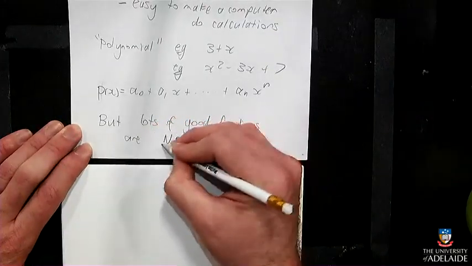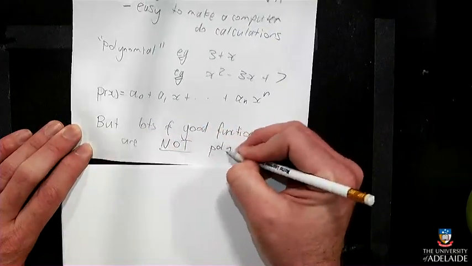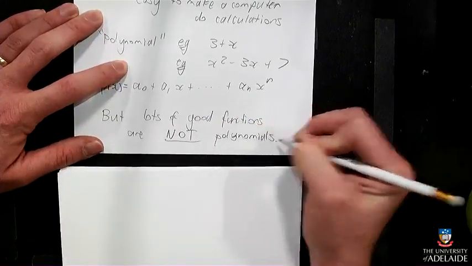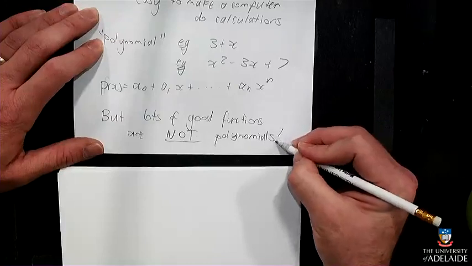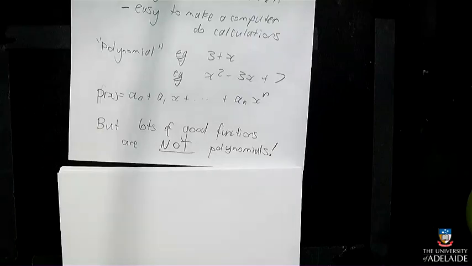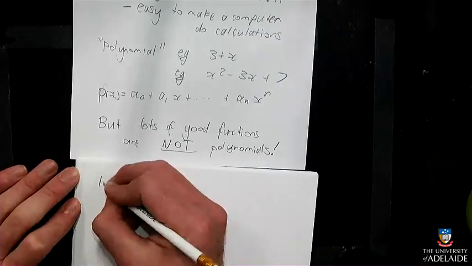Lots of good functions are not polynomials. And so how are we going to get around that fact? We're going to get around it in two ways. If they're not polynomials, we could find a polynomial that's pretty close, so that when you put x's in, the answers it spits out are very close to the original function. So we have two ways to deal with that. One: approximate them.